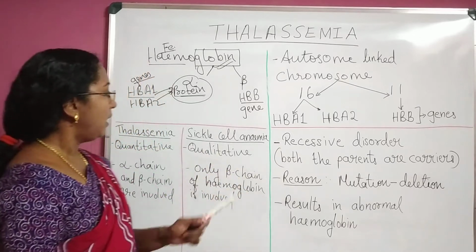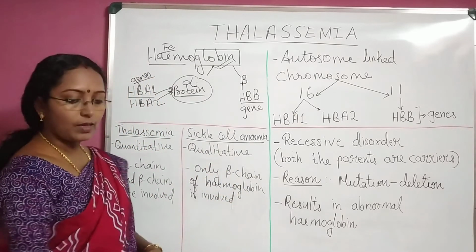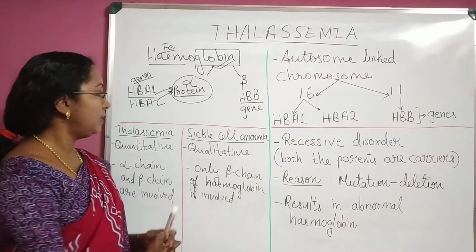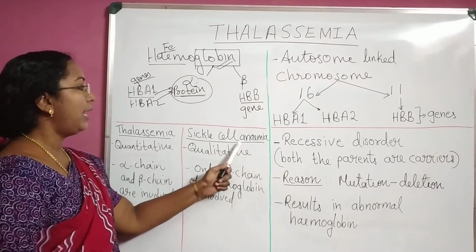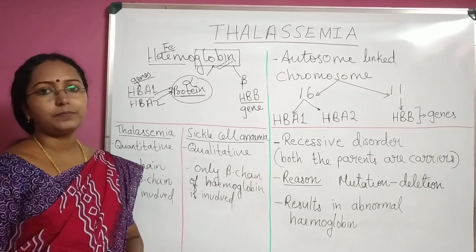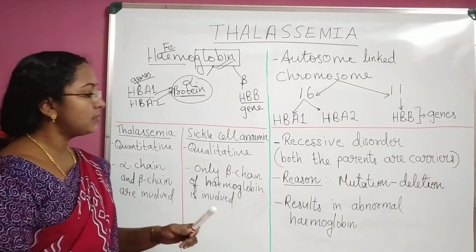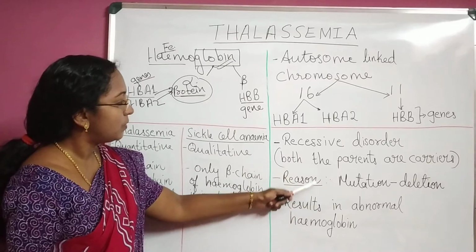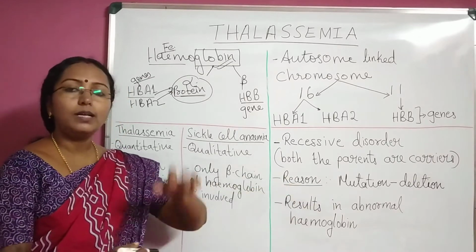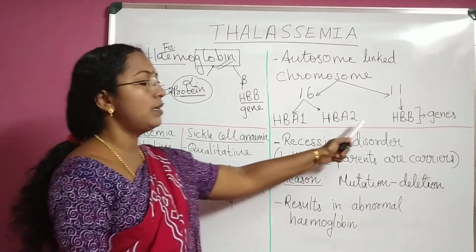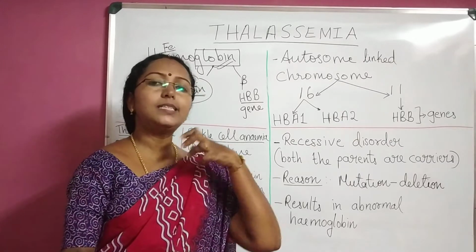Okay. Now the question is, what is the difference between thalassemia and sickle cell anemia? Why is thalassemia caused? Due to mutation or deletion of this particular gene. The gene itself is absent.